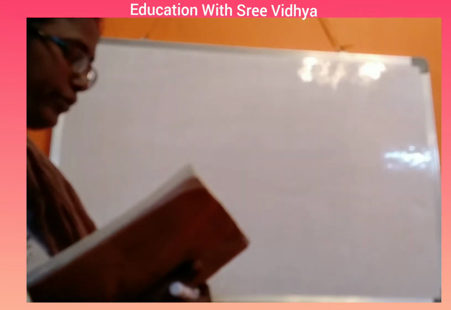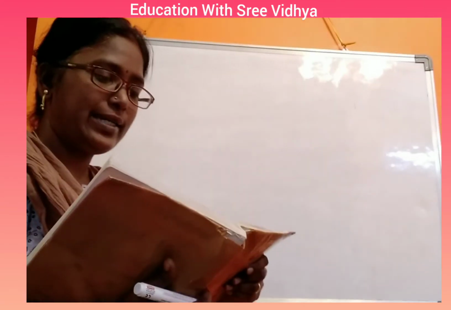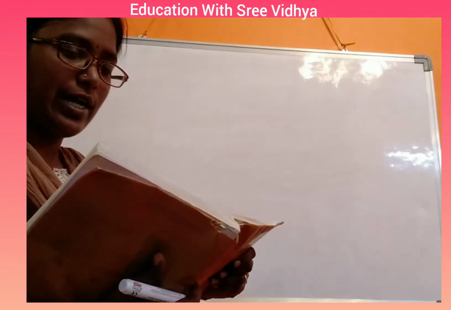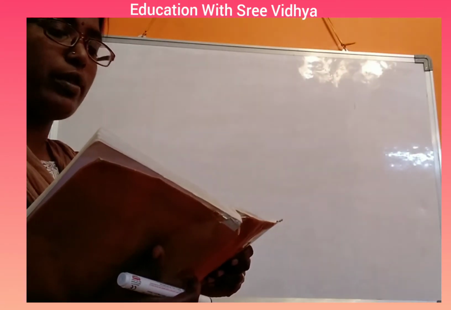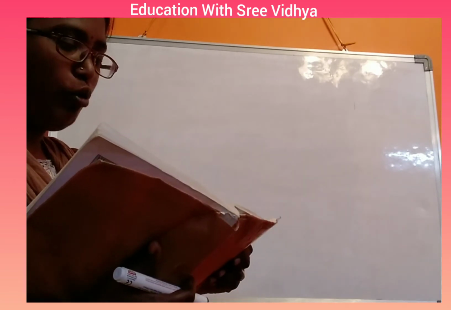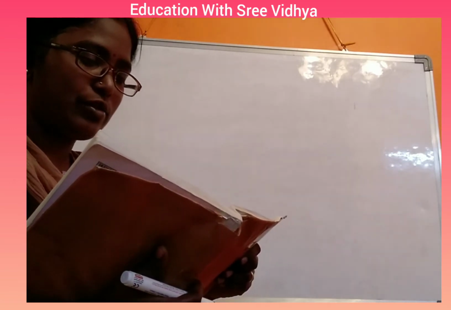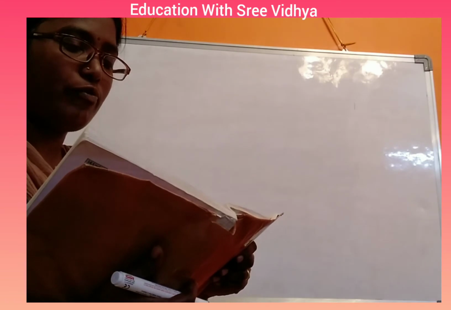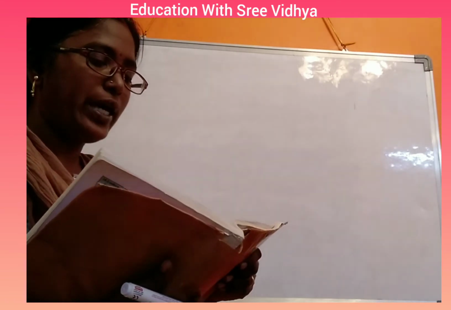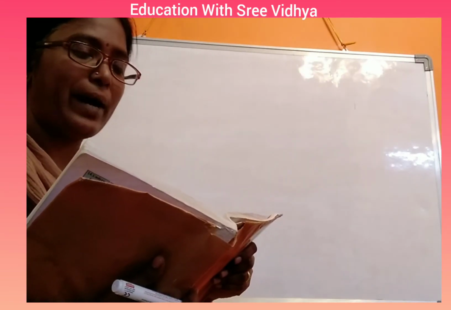Coming to the 12th question, children. A number is divided into two parts such that one part is 10 more than the other. If the two parts are in the ratio of 5:3, find the two parts. So a number is divided into two parts.